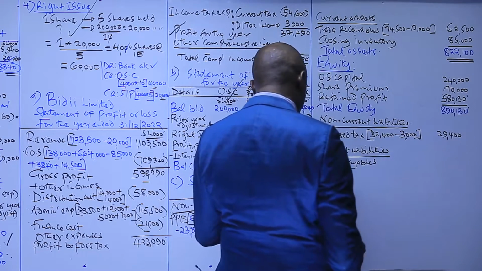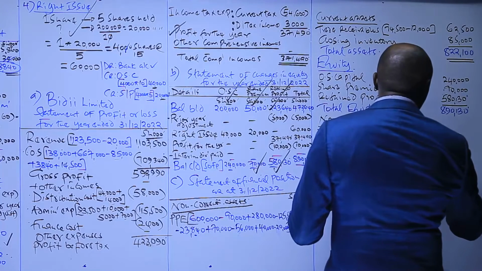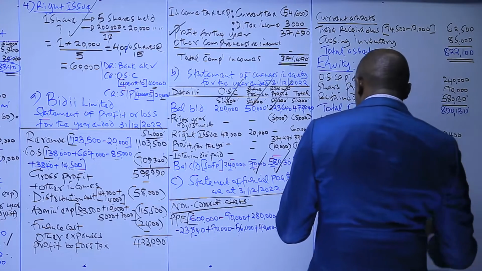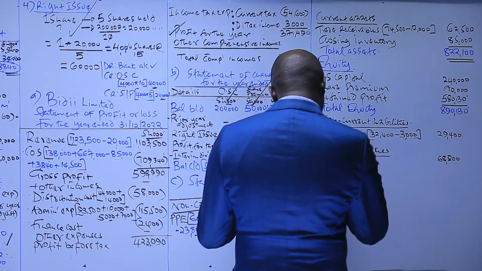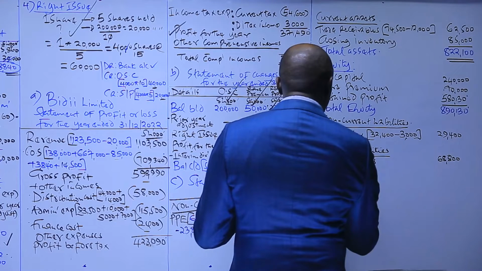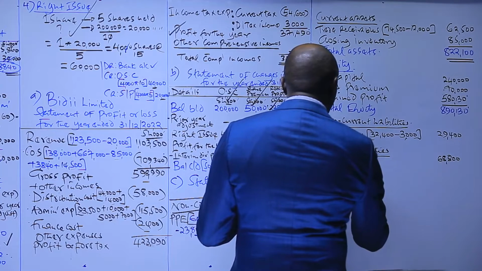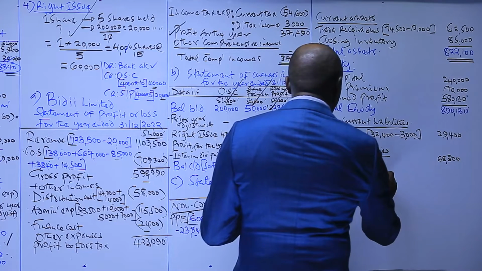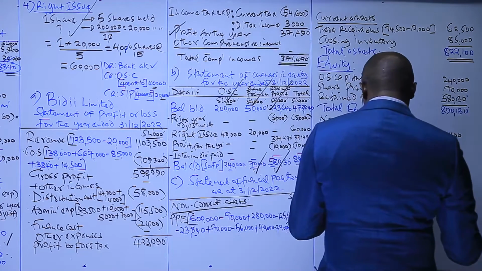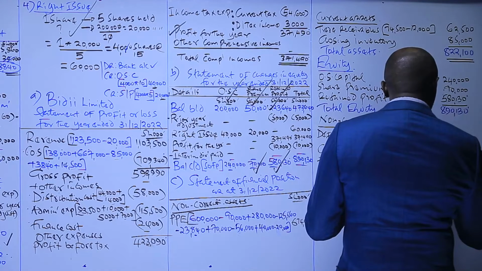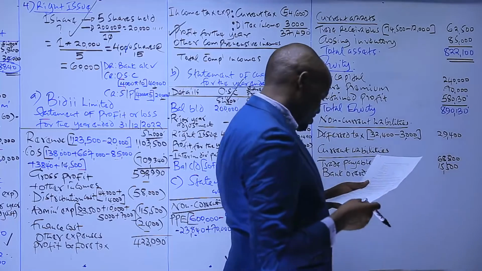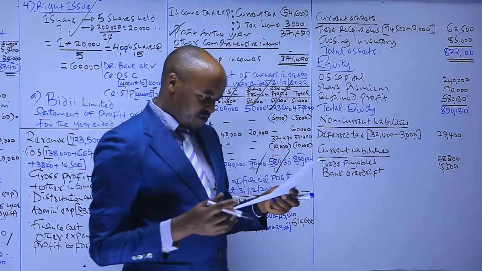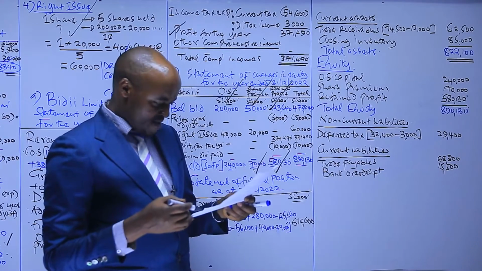The trade payables is an amount of 68,800. Then below that we have the bank balance, or basically the bank overdraft. The bank overdraft is 15,500. Yes, I think those are the two items which we have in the trial balance here.